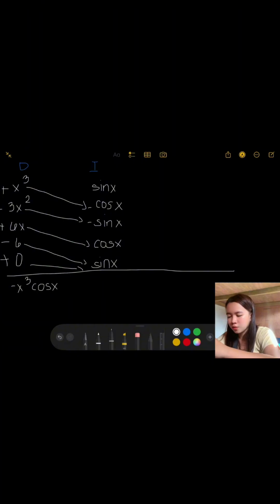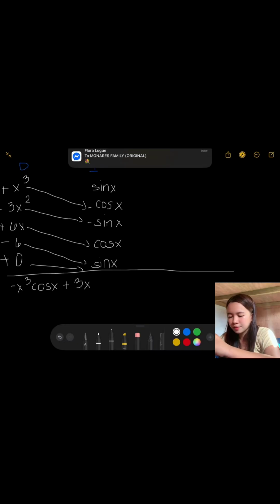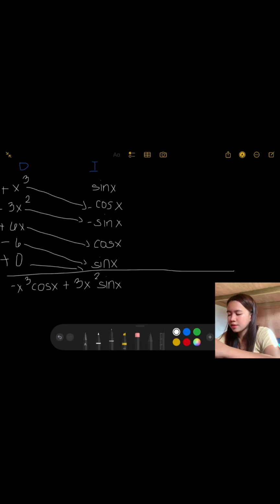Negative 3x squared multiplied by negative sine x is positive 3x squared sine x. Positive 6x multiplied by positive cos x is positive 6x cos x. Negative 6 multiplied by sine x is negative 6 sine x.